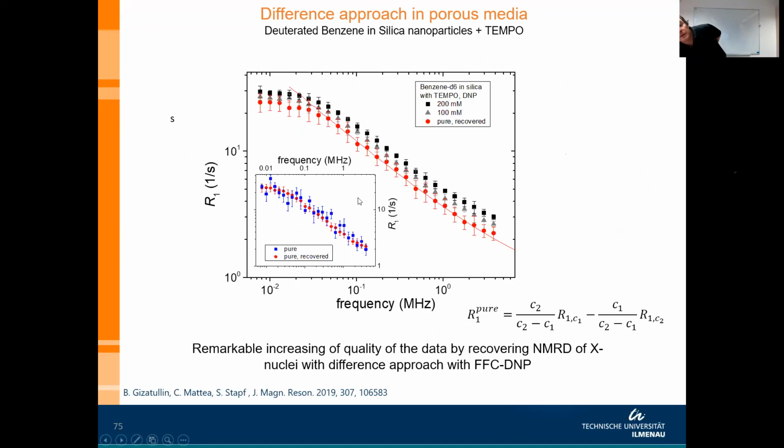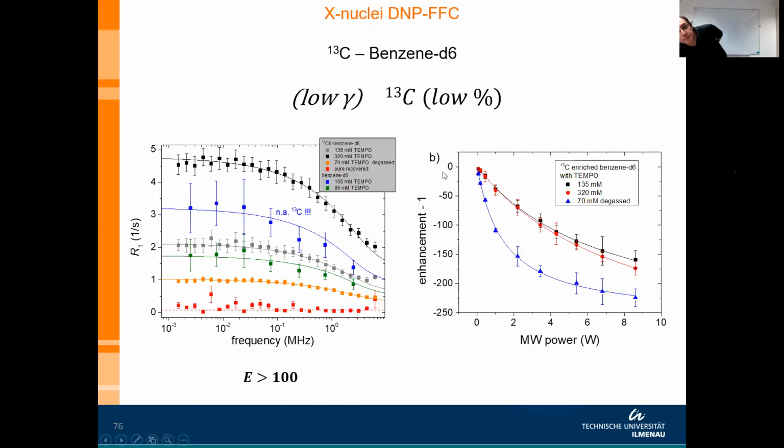On the other hand, if you measure, you see that the red curve is the same as the red curve here, and this is measured without a radical, the field cycling experiments, and you see much more noise in the data. In this case, performing 5 and dime, you have a much better sensitivity in doing this dispersion experiment.